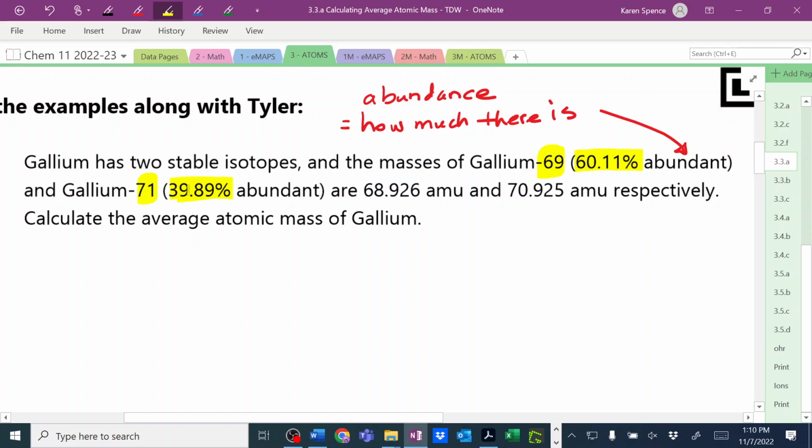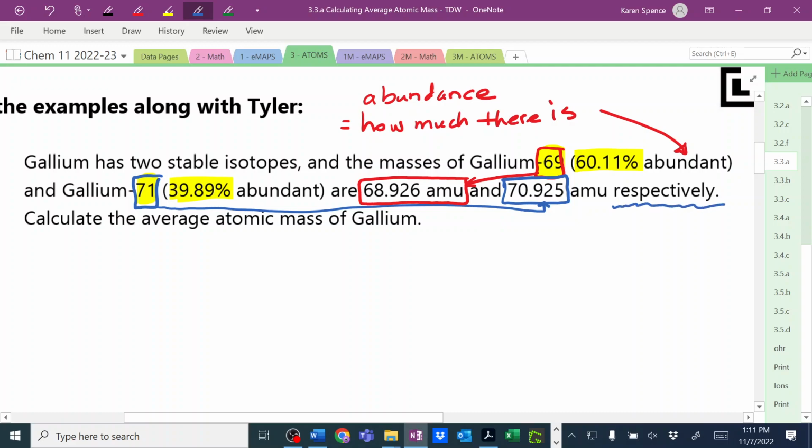And the masses, now you'll notice that the masses aren't simply 69 and 71. Gallium-69 actually has a mass of 68.926, whereas gallium-71 has a mass of 70.925. Do you guys know what the word respectively means?